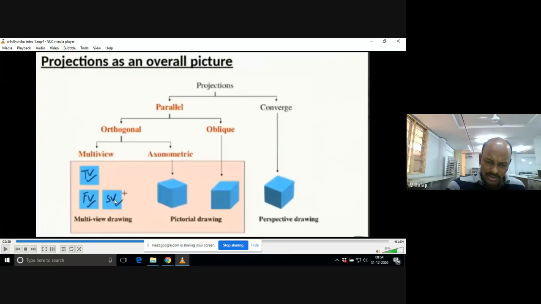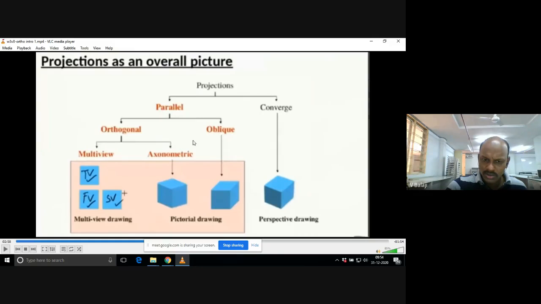In the side view also, you can see only 2D views. But coming to axonometric 3D view, you can directly identify which is the given object. Here, unless we are given 2 or 3 views, you cannot identify or recognize a particular object. Similarly, in orthogonal we are having multi-view and axonometric.